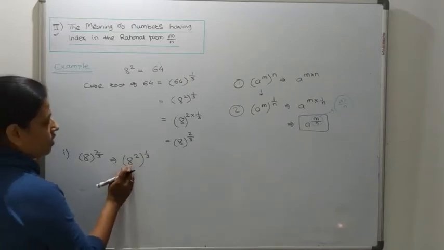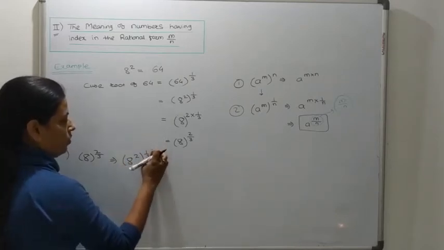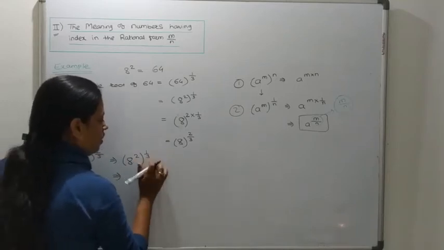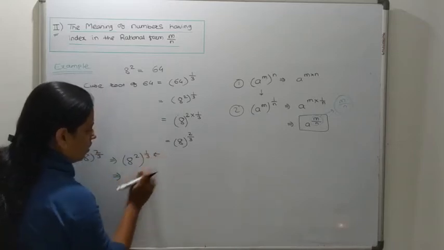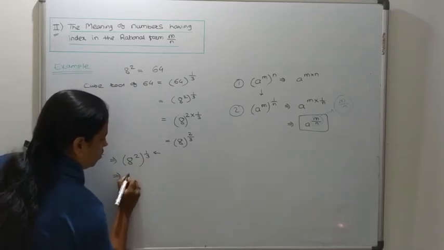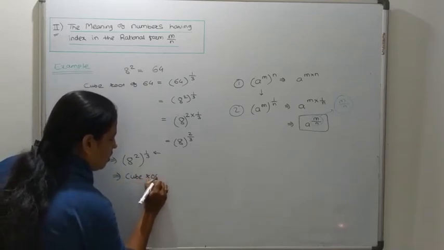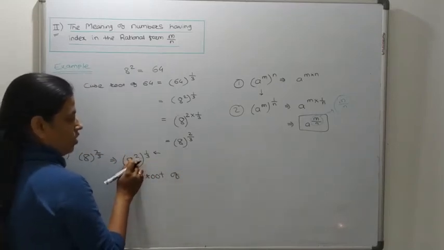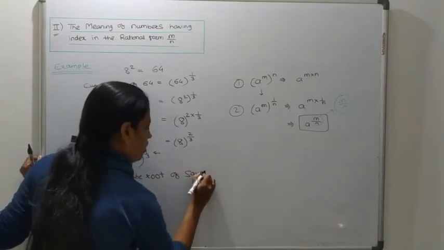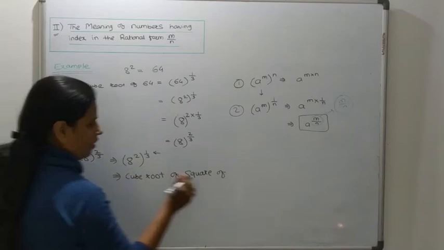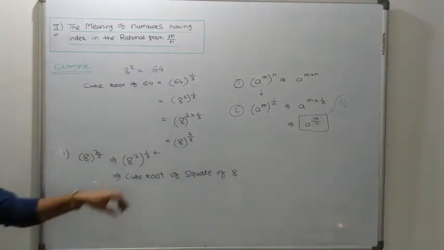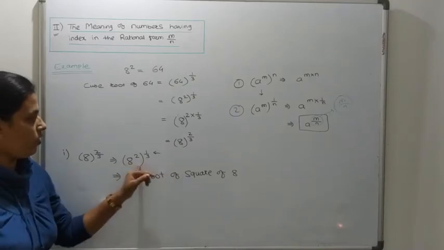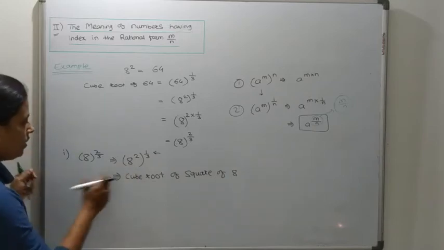The 1 upon 3 is the cube root. So it is the cube root of the square of 8. This is the first way.